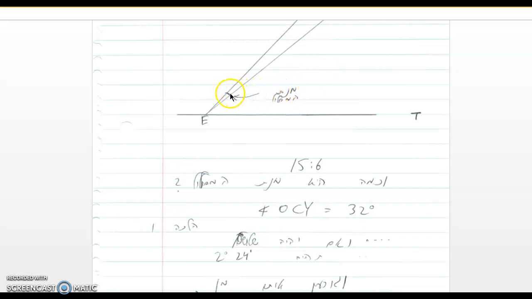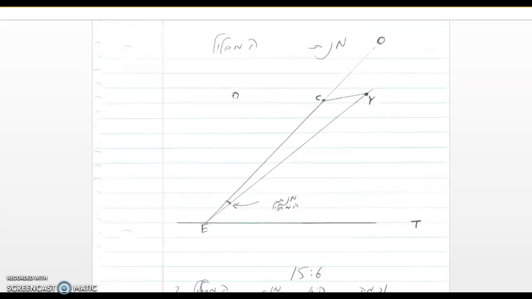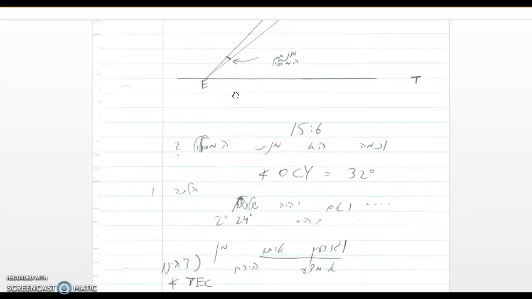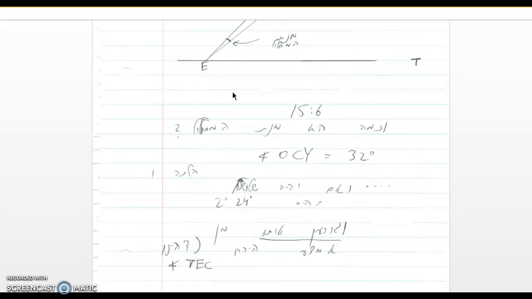So this tiny angle here is 224. Obviously, it's more because this whole picture is not the real proportion, but just for illustrative purposes, we understand that if this angle OCY is 32, then the angle here in the bottom, Manas HaMaslo, would be 2 degrees and 24. The Goyren Oisim Emtza Yereich, the Haini TEC.